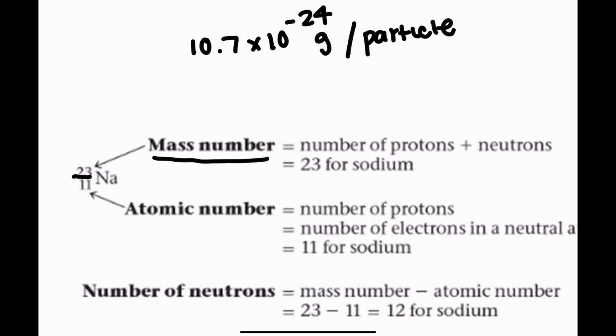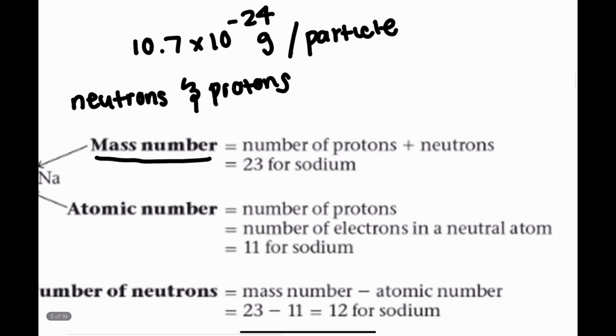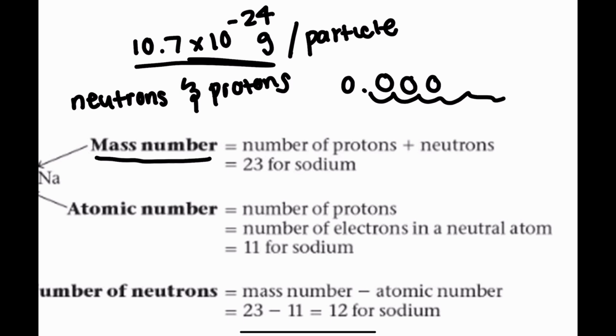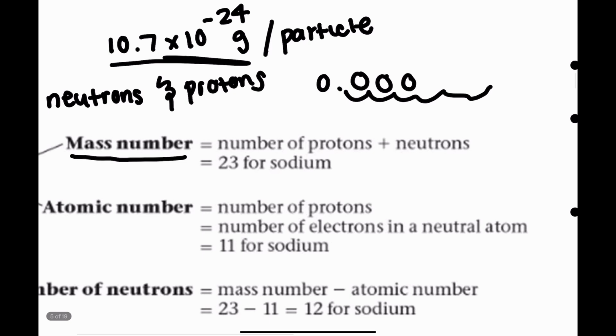This is the weight of neutrons and protons. If we were to take this out of scientific notation, we would have a 0, a decimal point, another 0, and there would be a total of 23 zeros until we got to the first number.